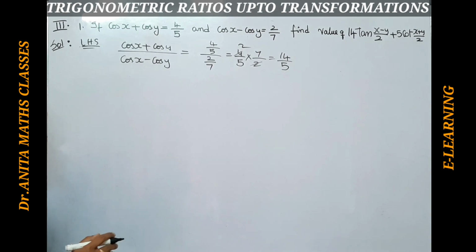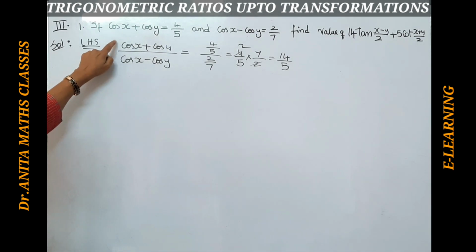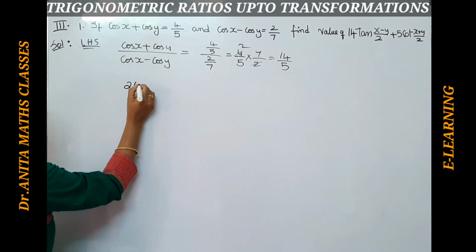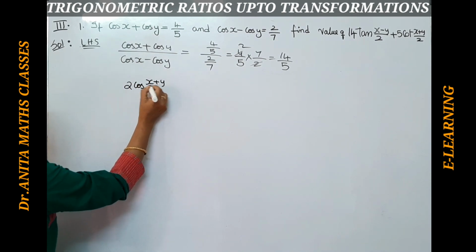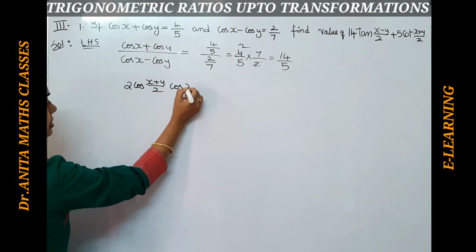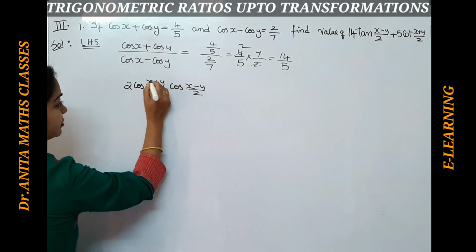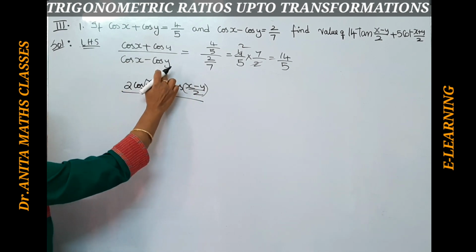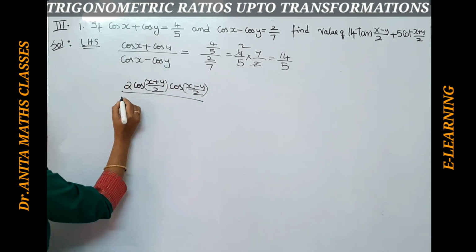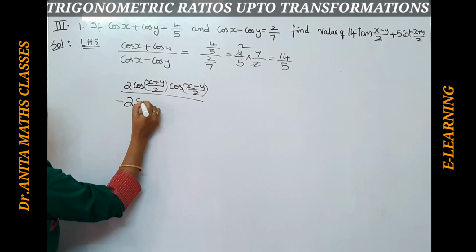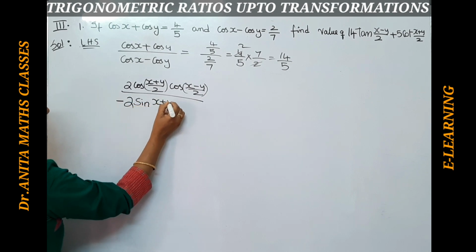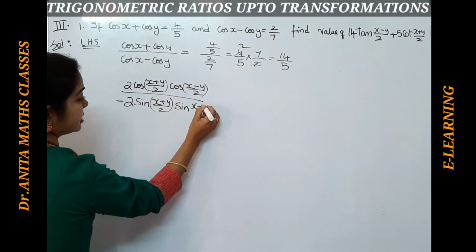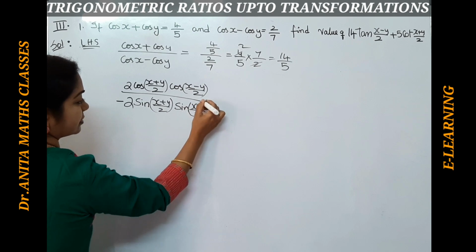Now here we'll go for the transformation formula cos C plus cos D, that is 2 cos (C plus D)/2 cos (C minus D)/2. In a similar way here also we'll go with this transformation. Since minus is there, we get minus 2 sine (C plus D)/2 and sine (C minus D)/2.